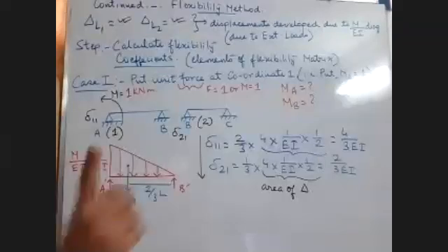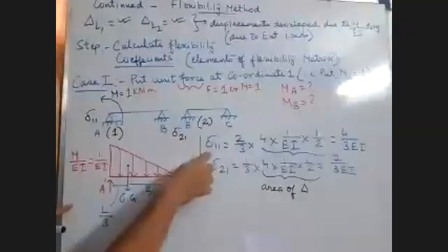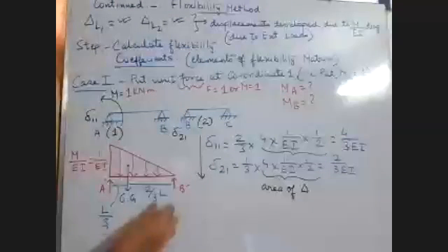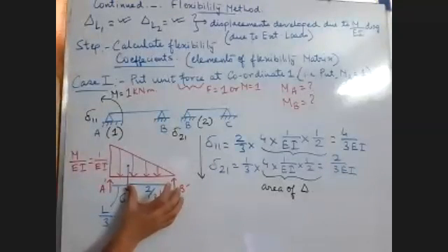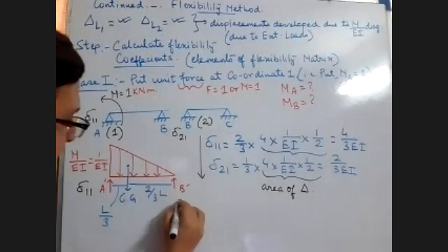Please, very important thing, how we are finding A dash. Delta 1 is the left side. So at this left side, we are getting 2/3. We will take this portion for delta 1, and this is delta 2.